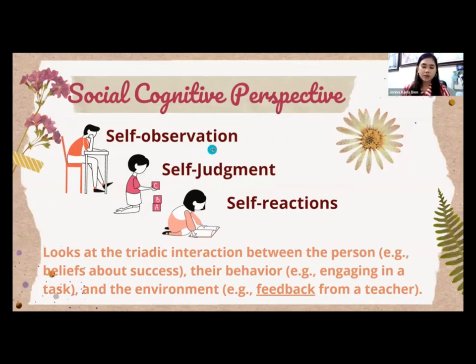The self-observation, which pertains to monitoring your behavior, monitoring your performance, taking a look if your activities were carried out, and it will be followed by self-judgment, which is the evaluation of the task you have carried out based on the self-observation, and finally, the self-reaction.